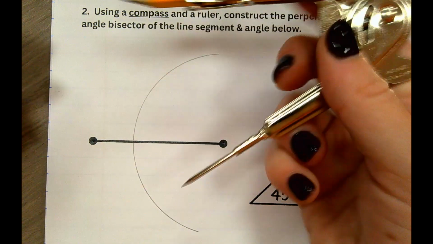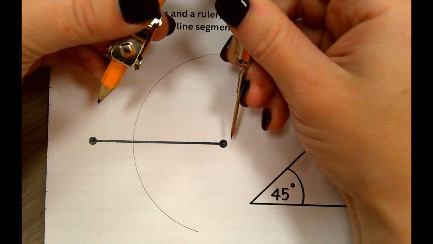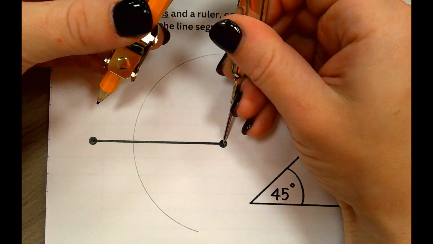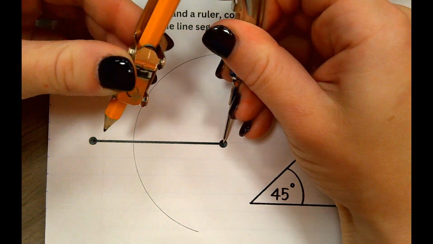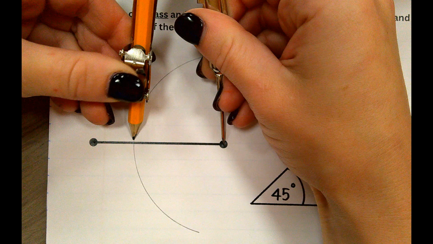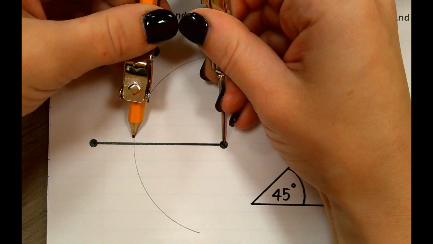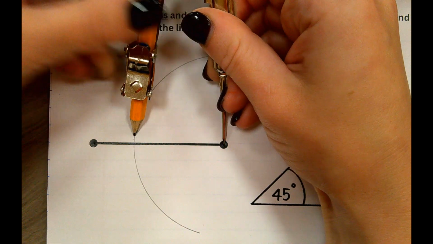So if you accidentally open it up too big or too small, you can remeasure and get that opening again. Just put your point back on that dot and close your compass until it is touching the first arc you made. And that's going to get you pretty close to where you need to be.